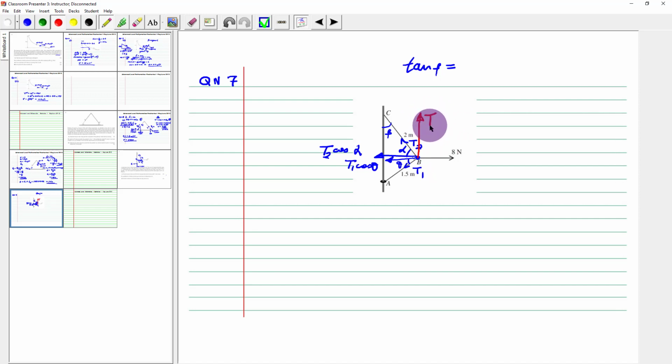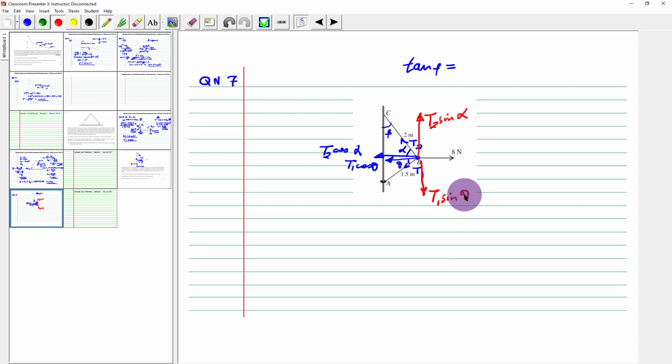I can call this component T2 sine of alpha. If I know the angle alpha, then it will be very easy to get that. How about resolving T1 vertically downwards here? I will get T1 sine theta.